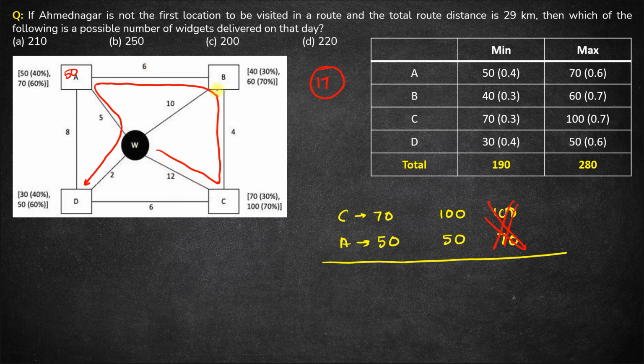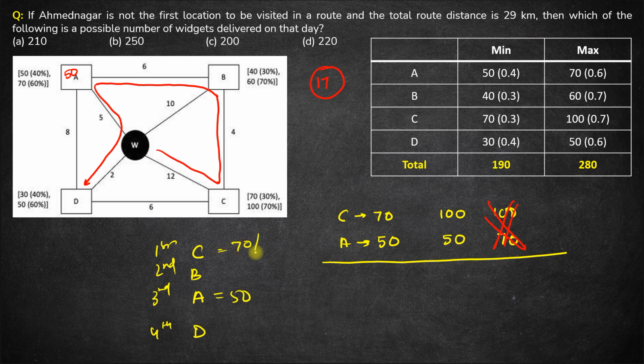The best route is C to B to A to D. This is the best route, right? So for this to happen, the demand at C is either 70 or 100. Demand at A is definitely 50. Let's look at the demand at B and D. Since C is the first location, A is the third location, the second location has to be B, and the fourth location has to be D. So demand at B should be greater than A, which is 50.